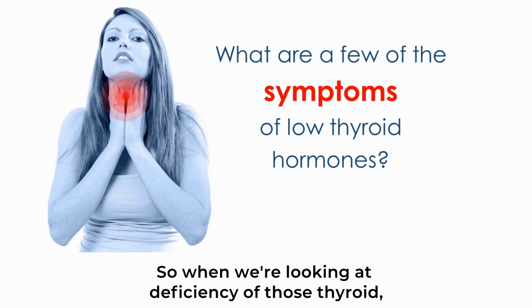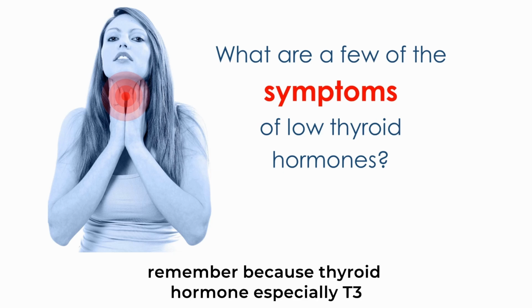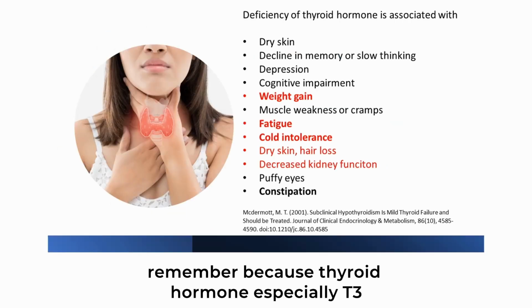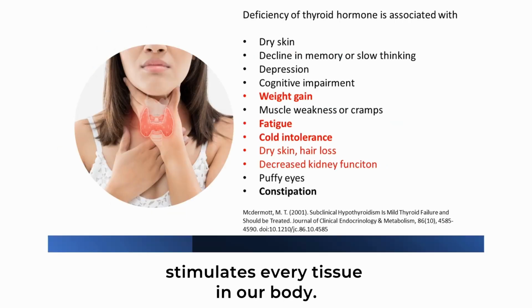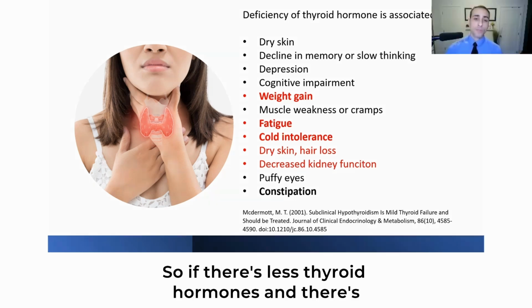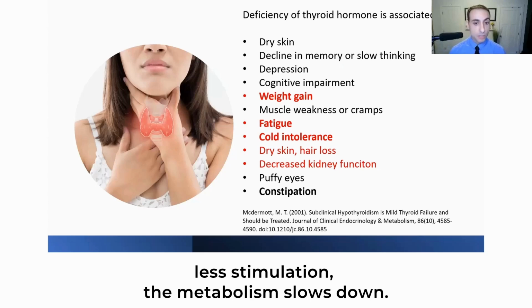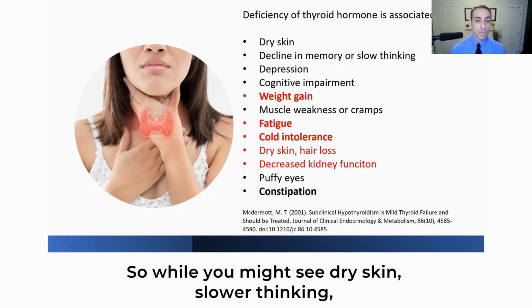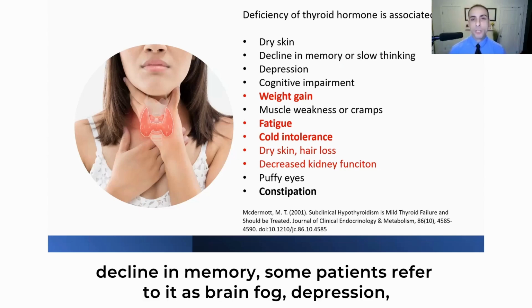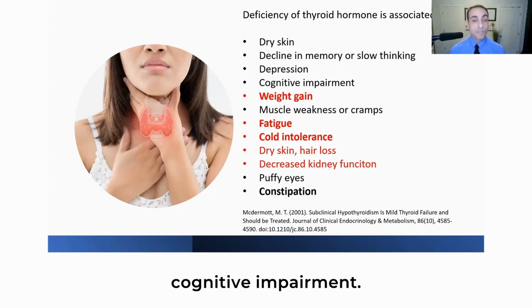When we're looking at deficiency of thyroid hormones, remember, because thyroid hormone, especially T3, stimulates every tissue in our body, if there are less thyroid hormones, there's less stimulation and the metabolism slows down. So you might see dry skin, slower thinking, decline in memory, which some patients refer to as brain fog, depression, cognitive impairment.